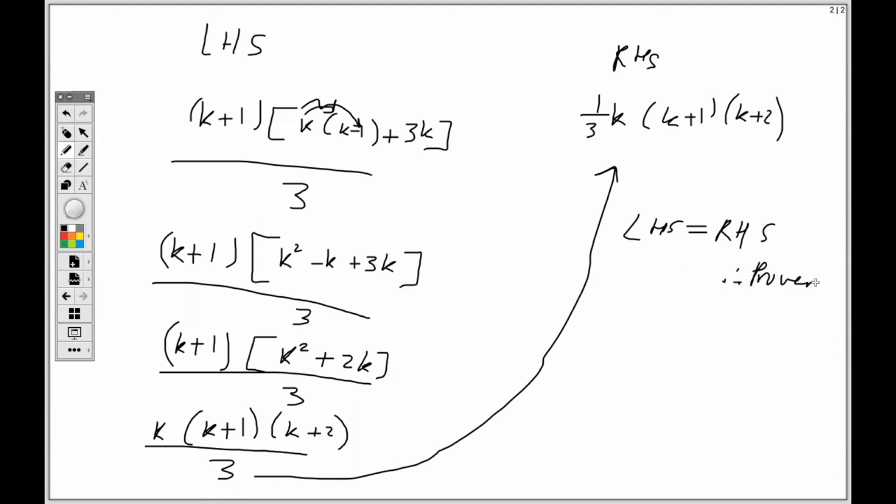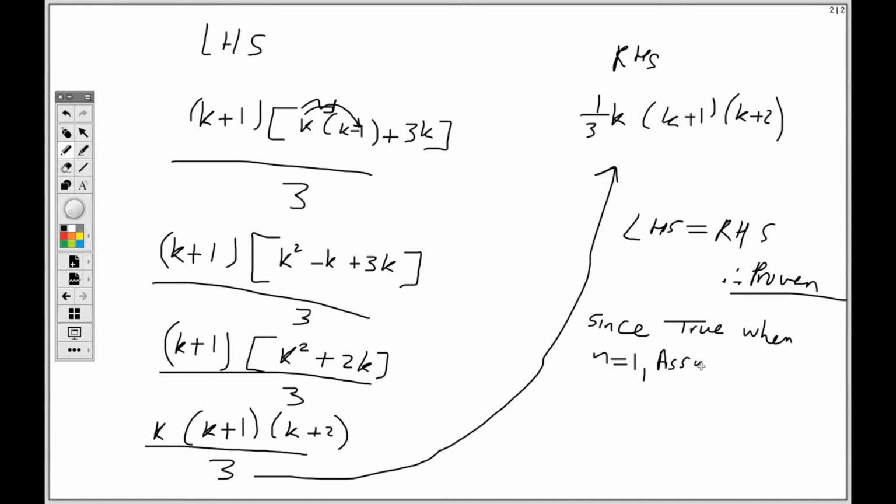So the conclusion is that we're proving for all numbers, and it has shown that it's true for all numbers. Since it was true when I substituted n equals 1, I got the left hand side to be the same as the right, so it is true. I also assumed true when n equals k.